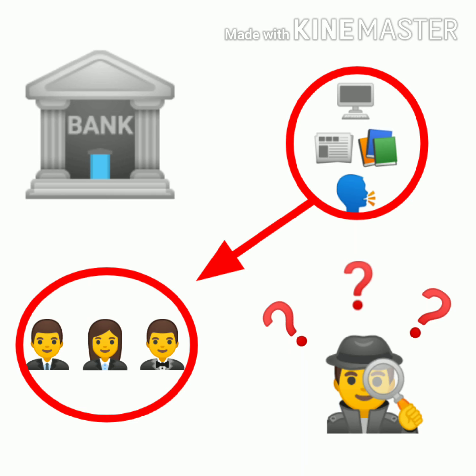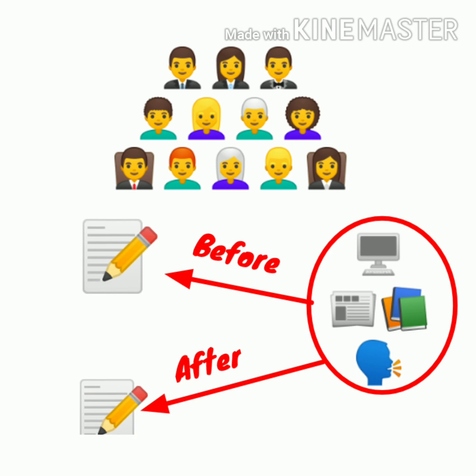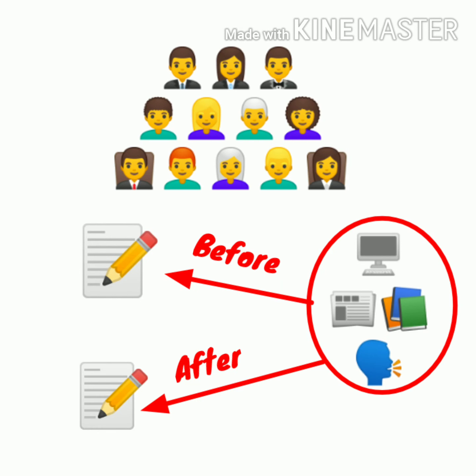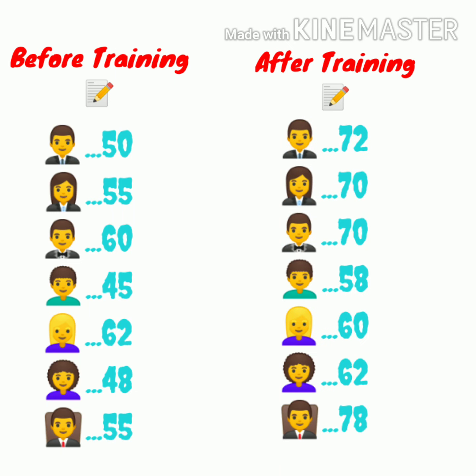For that, they take a similar test of 12 participants both before and after the training course, and the marks obtained before and after were recorded in the same order. Now the company wants to judge whether the course was useful or not. So in order to get the correct results in this situation, you will have to apply the matched pair t-test.